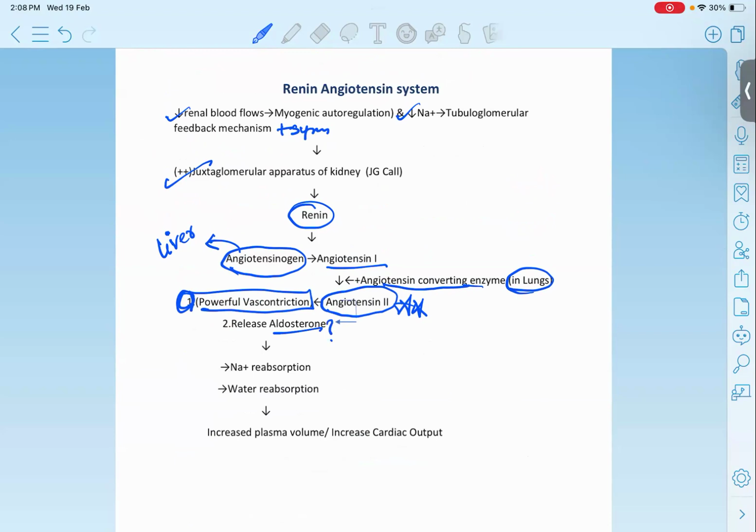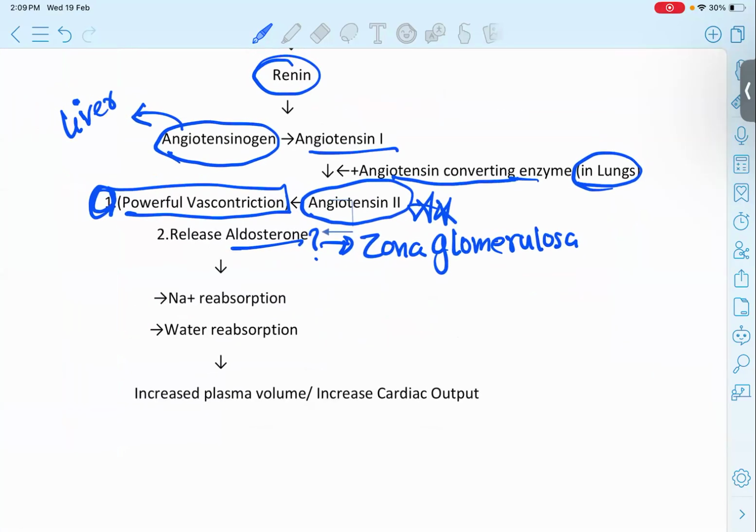Aldosterone releases from the adrenal gland or suprarenal gland, specifically from the zona glomerulosa. So angiotensin 2 will stimulate the zona glomerulosa, which is in the adrenal cortex, and ultimately it will release aldosterone.